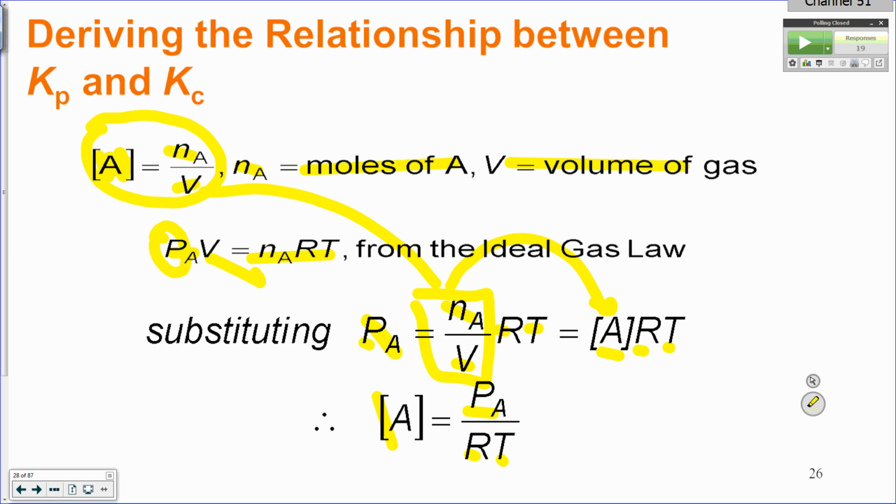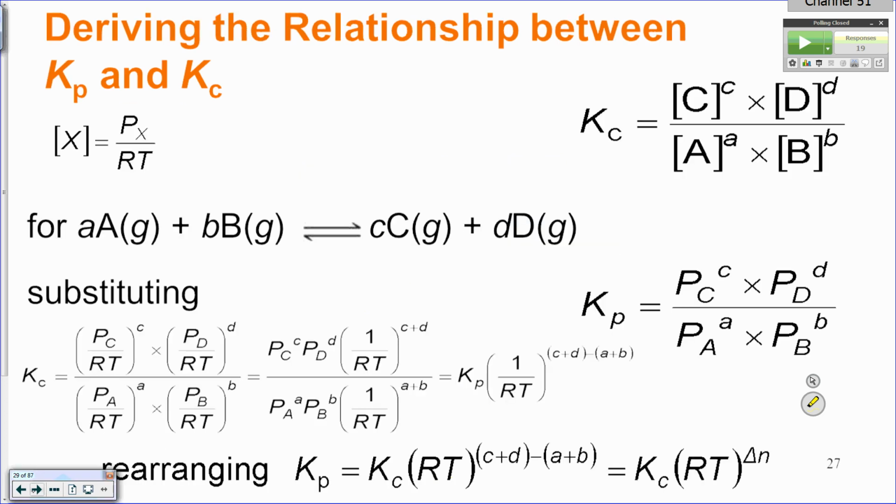Now that I know what it is for a single species in a system, I can just say for any gas X, and I can substitute that into my K expression, where K sub C is products over reactants raised to the respective powers of the stoichiometries. Now I can make that substitution, and instead of the concentration of that gas, I'm going to put the partial pressure of the gas divided by RT.